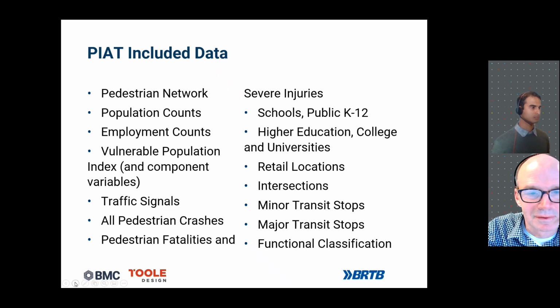This slide shows the included layers, which include a pedestrian network layer, population counts, employment counts, the vulnerable population index and the component variables that make up the index, traffic signals, all pedestrian crashes, pedestrian fatalities and severe injuries, schools, K through 12, higher education, colleges and universities, retail locations, intersections, minor transit stops, major transit stops, and functional classification.